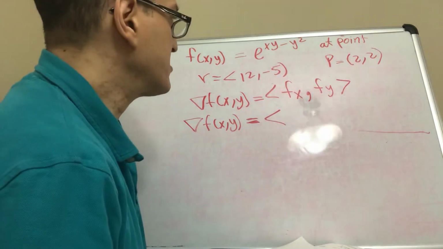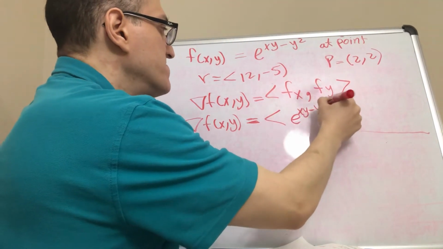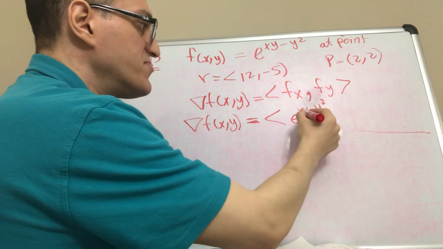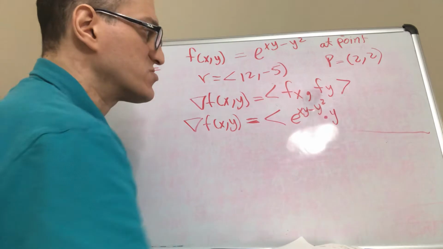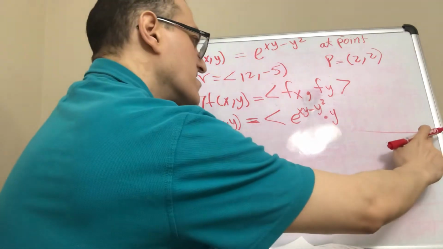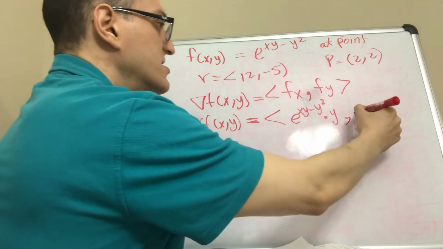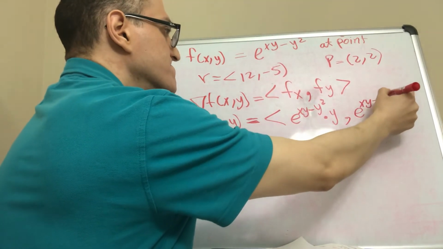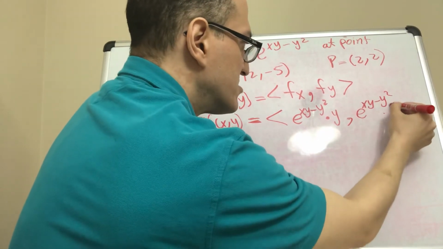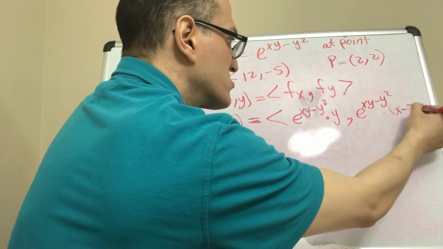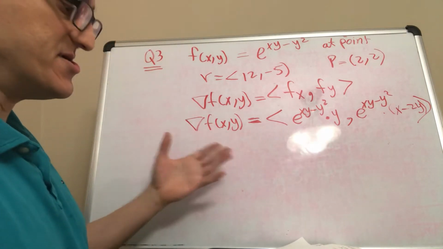Derivative of this with respect to x, any e is itself times the derivative of the top. With respect to x, xy has the derivative of y, minus y squared doesn't have a derivative. Derivative of this with respect to y would be itself times the derivative of the top with respect to y, xy has the derivative of x, and y squared, derivative 2y. That's the derivative. That's the gradient.